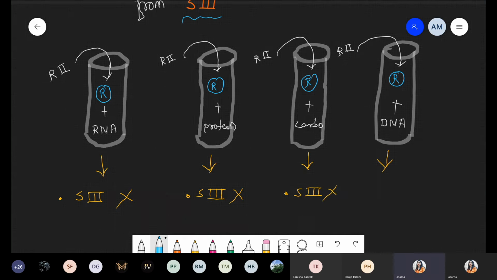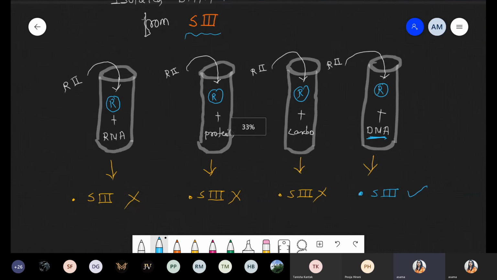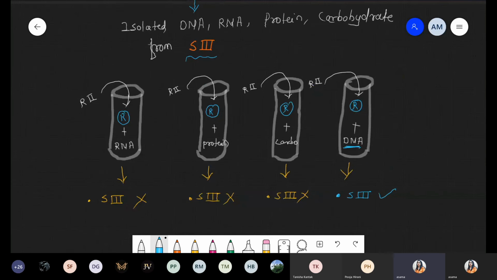But at the final, where he used the DNA, in that test tube he observed that smooth strain is present. On the basis of that, he proved that among all these biomolecules, DNA is present.